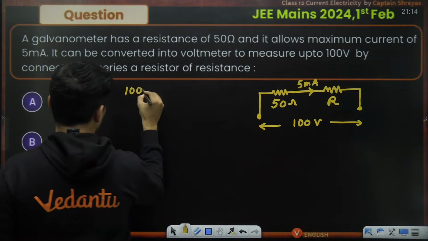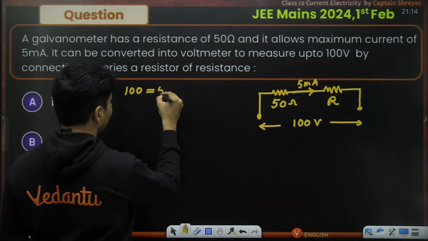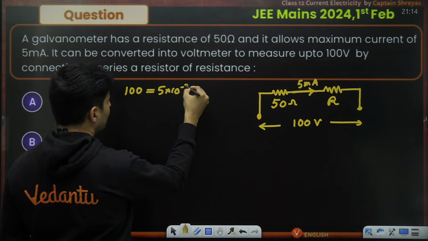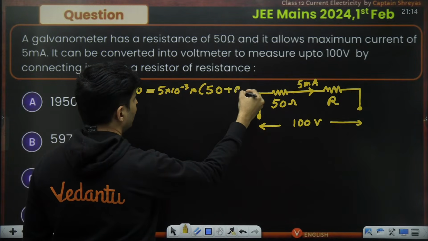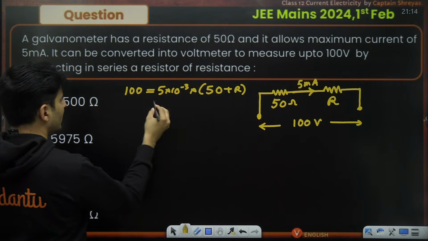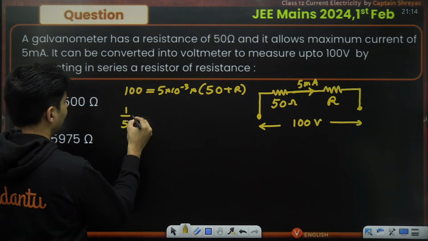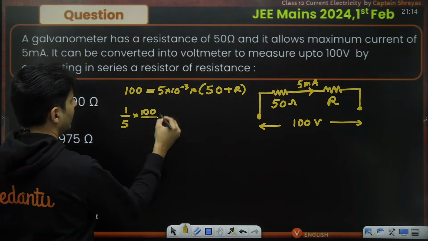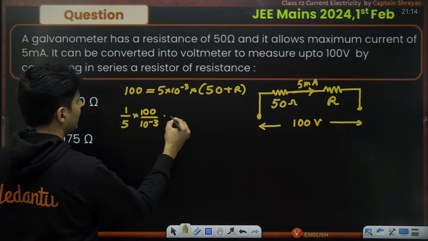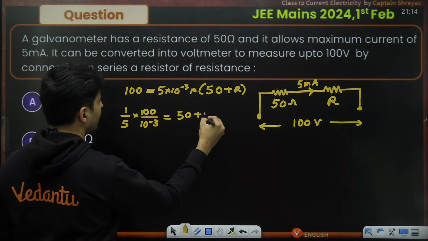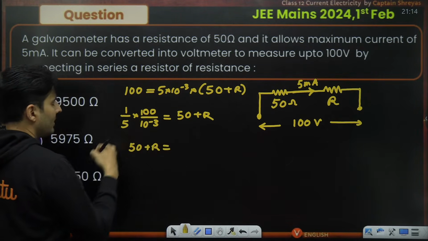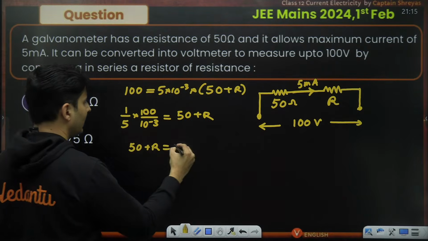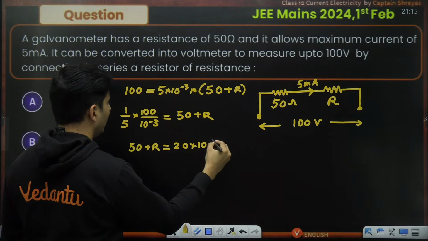So that's it. Our voltage is current, which is 5 milliamperes, multiplied by the total resistance, which is 50 plus R. So this will just become 1 by 5 into 100, and 10 to the power minus 3 is 50 plus R. Therefore, 50 plus R will be 100 by 5, that is 20, so 20 into 10 to the power 3.